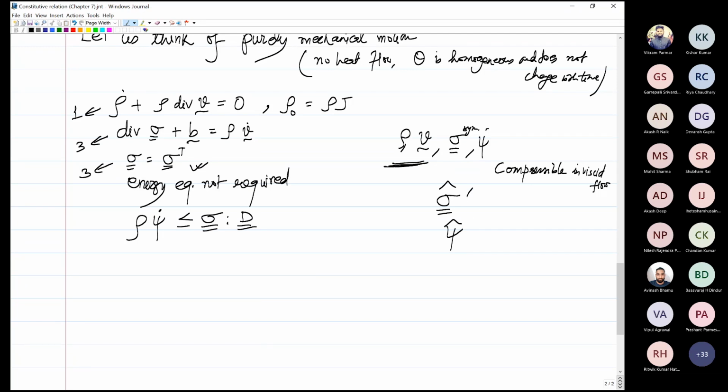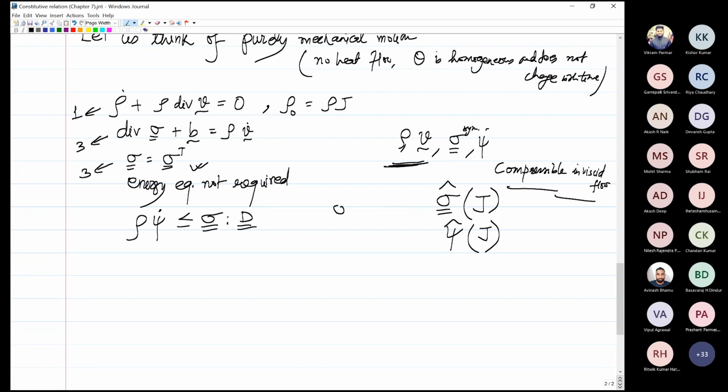In such a case, it turns out you can say that sigma depends on just J, and psi also depends on just J, where J is the determinant of F. For such a flow, the material has no memory, and it's local in nature. That is why sigma depends on J at the current time and at the same location.